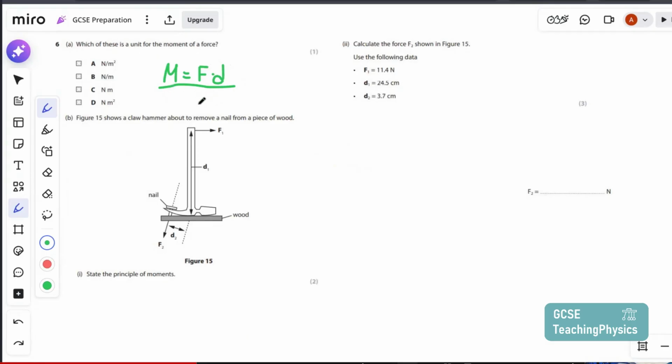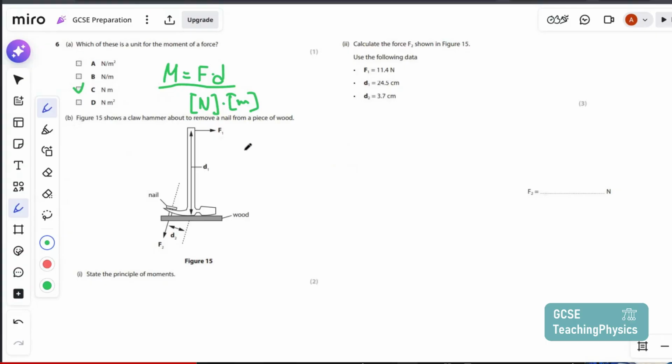For a force, the units are newtons. For the distance, units are meters. So when we multiply newtons by meters, we get newton meters, right? So the right option here is C.